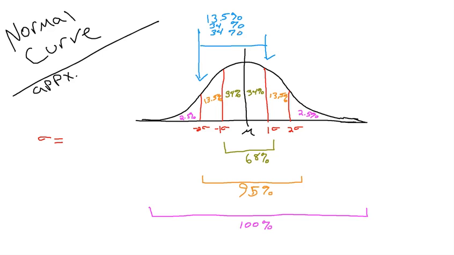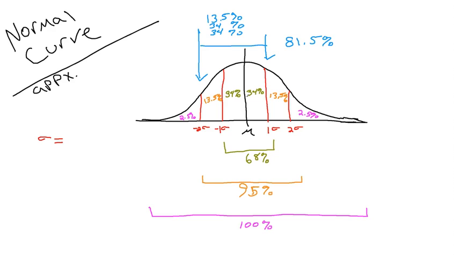What does that give you right here? 34 plus 34 plus 13.5 equals 81.5. So if you're asked what percentage of scores falls in this area right here, you can say 81.5%.